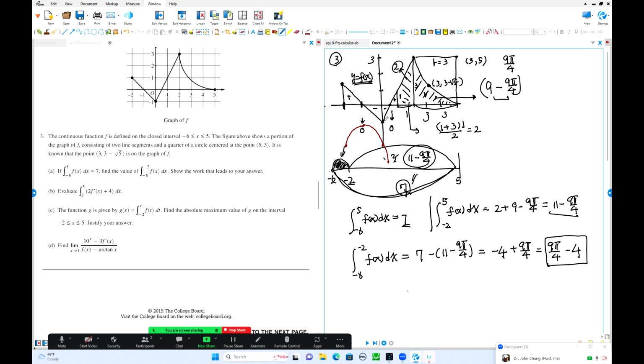From here, concave down, but its derivative, the slope, is positive, so that is concave up, decreasing up to the point over here. Concave up, decreasing.